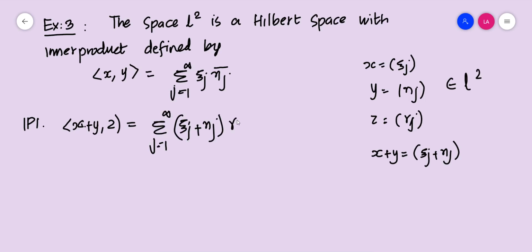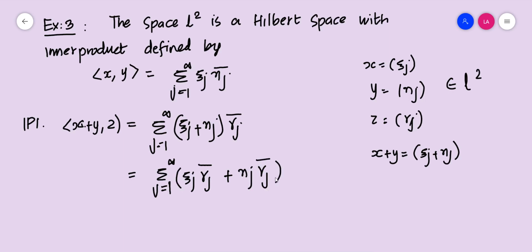component of z conjugate, gamma j conjugate, which by elementary properties can be written as summation j is equal to 1 to infinity theta j gamma j conjugate plus eta j gamma j conjugate.